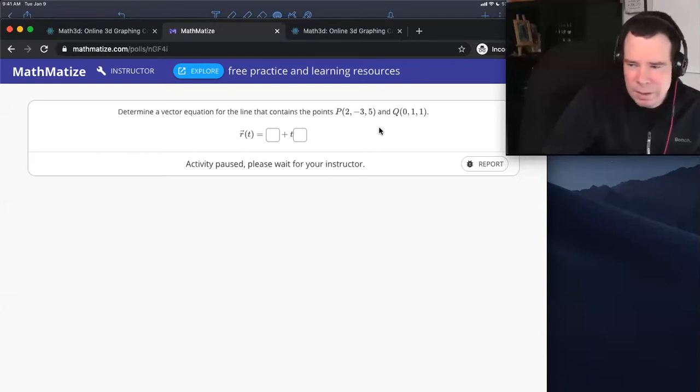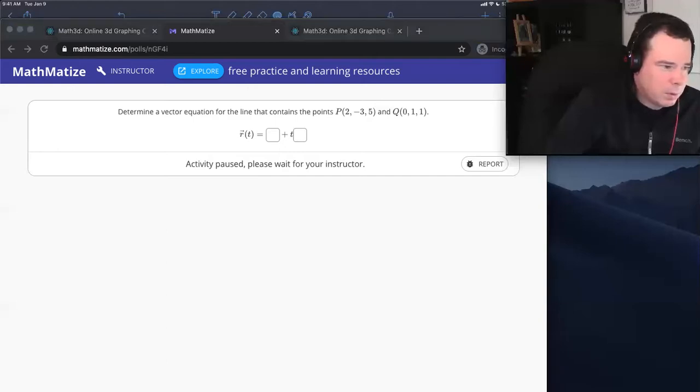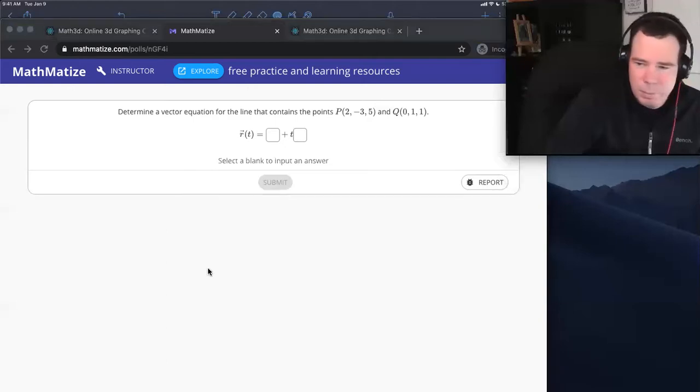I'll give you just a second to think about how you would fill in those blanks, and then I will open up the problem so that you can do a multiple choice selection for each of those blanks. So take a moment to think about how you would do this. All right, I'm going to open it up so that now it's accepting a response.